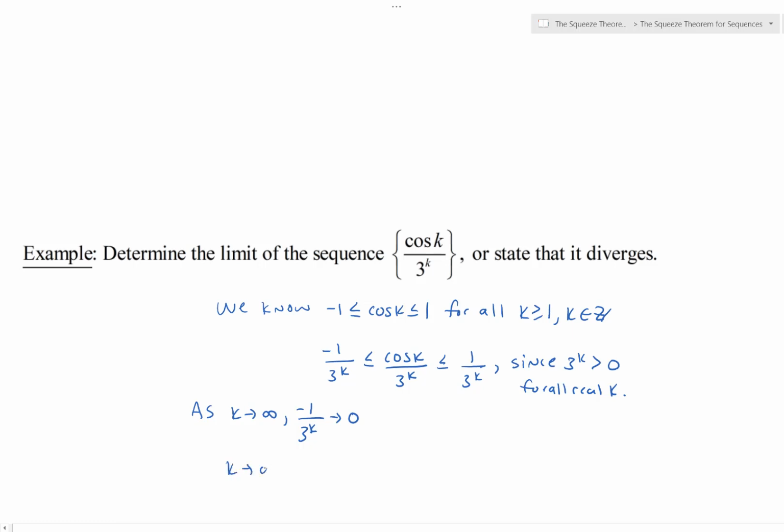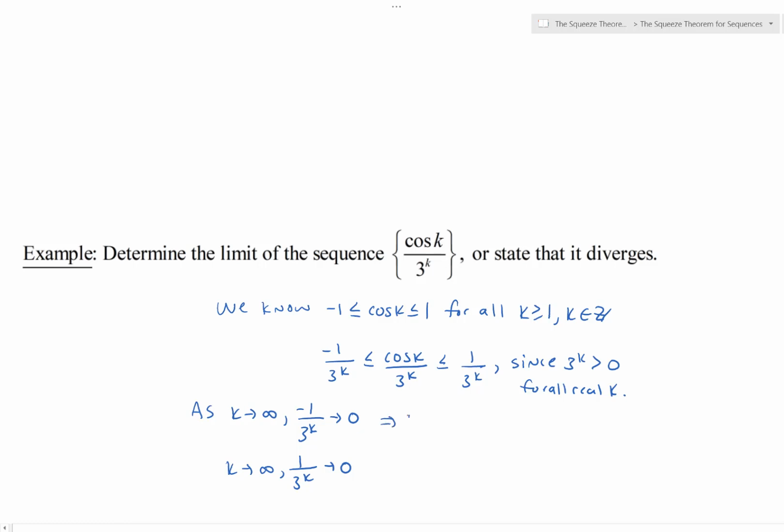And 1 over 3 to the k also goes to 0, right? So we have cosine k over 3 to the k less than or equal to 1 over 3 to the k, and larger than or equal to -1 over 3 to the k, and both of those sequences go to 0 as k goes to infinity.